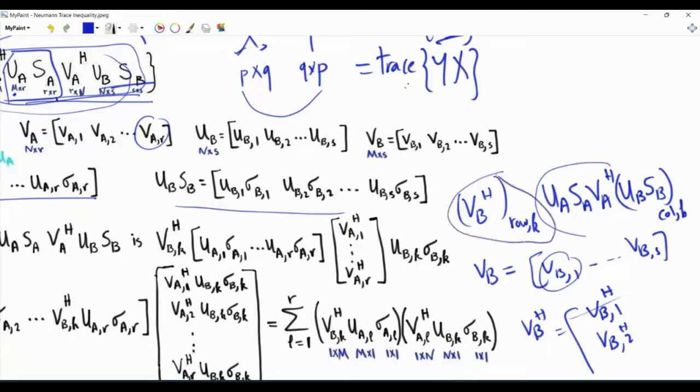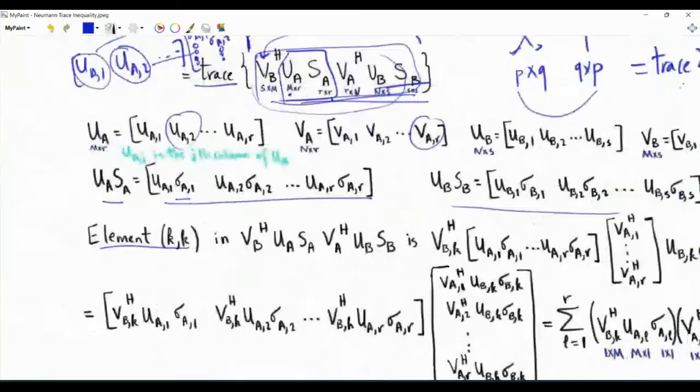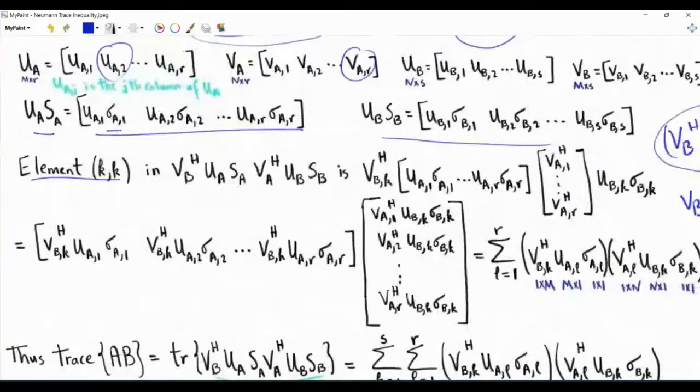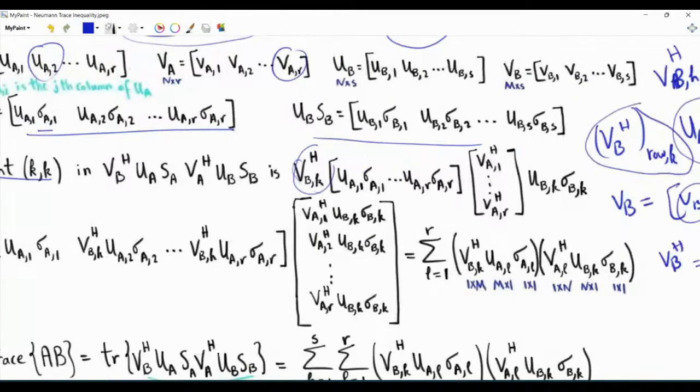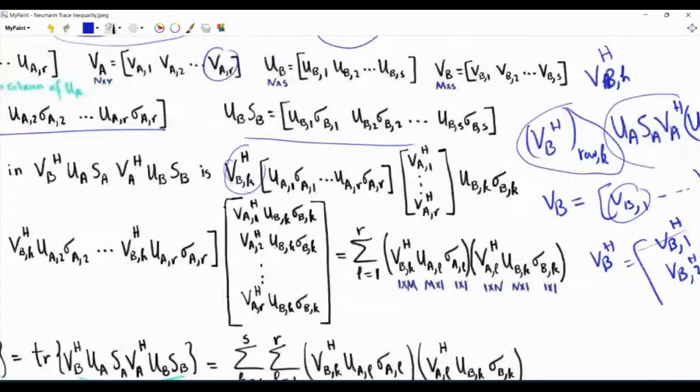So the kth row in VB Hermitian is the kth column in matrix VB, and then you take its Hermitian. So it will be VBK Hermitian. It is converted into a row, transposed, and then you take the complex conjugate.